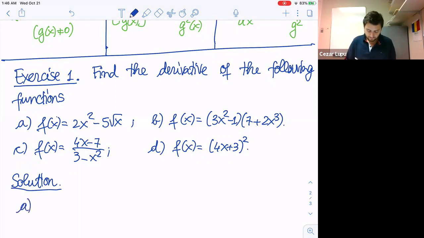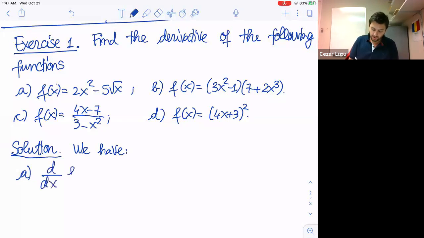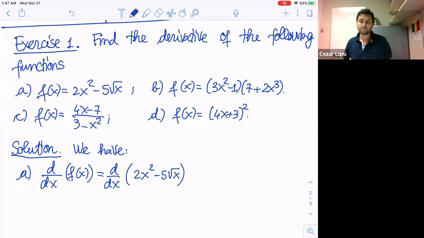Let's see the first one. I will write this in Leibniz notation if you want. So we have, this is just computational, the derivative with respect to x of f of x. Let's write it in this way so that you can see what the function is. It is nothing else than the derivative with respect to x, and now we replace f by 2x squared minus 5 square root of x, right?